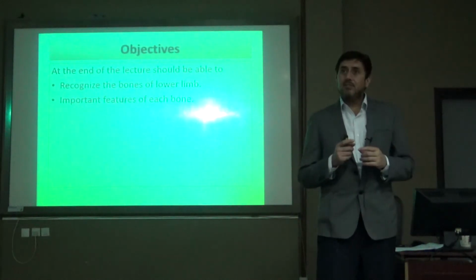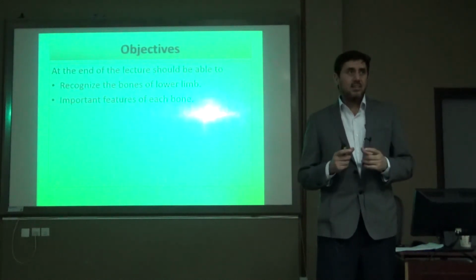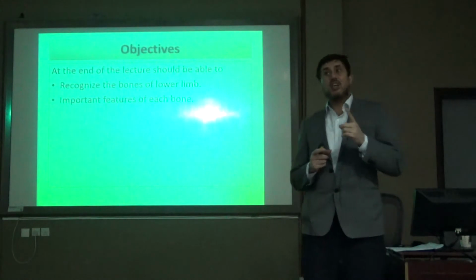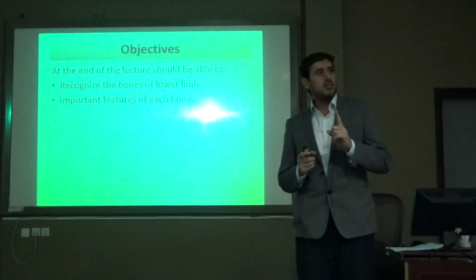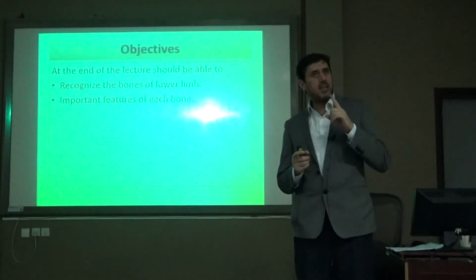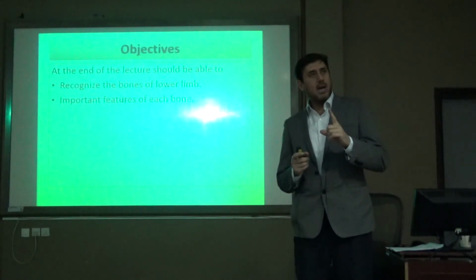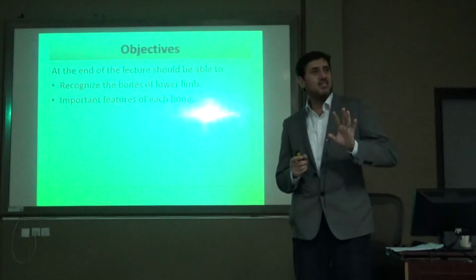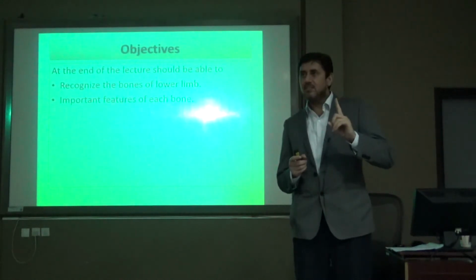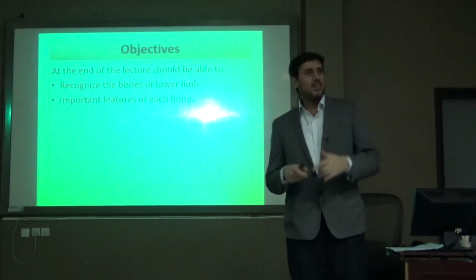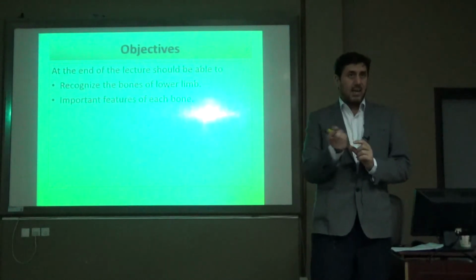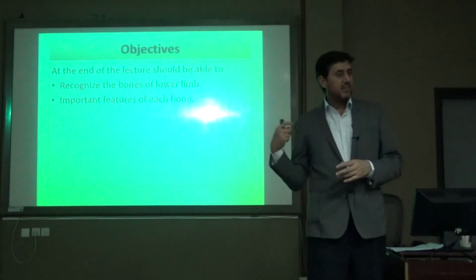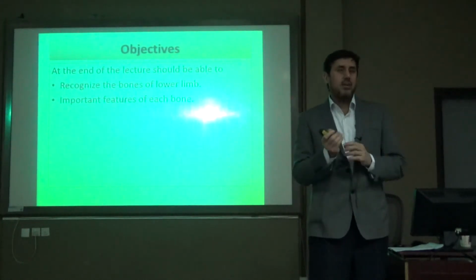We have the tarsal area. So we have tarsal bones, not carpal bones. We have tarsus over there, and how many tarsal bones are there? Not 8, they are 7. One is missing. Other is same. I will give you the names. Inshallah, these are easier as compared to this one.